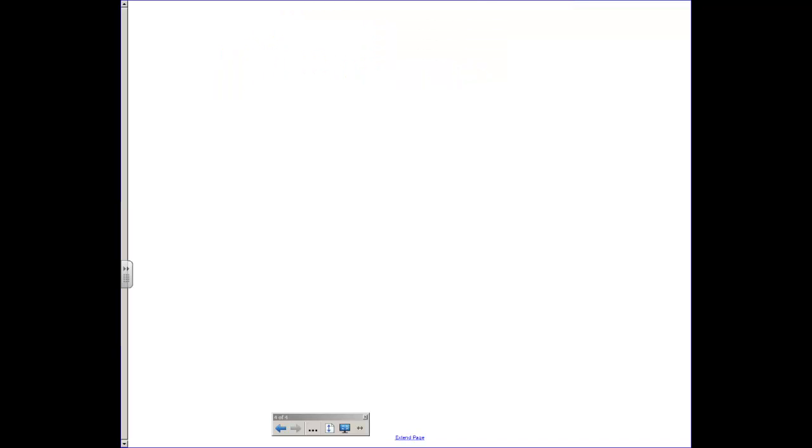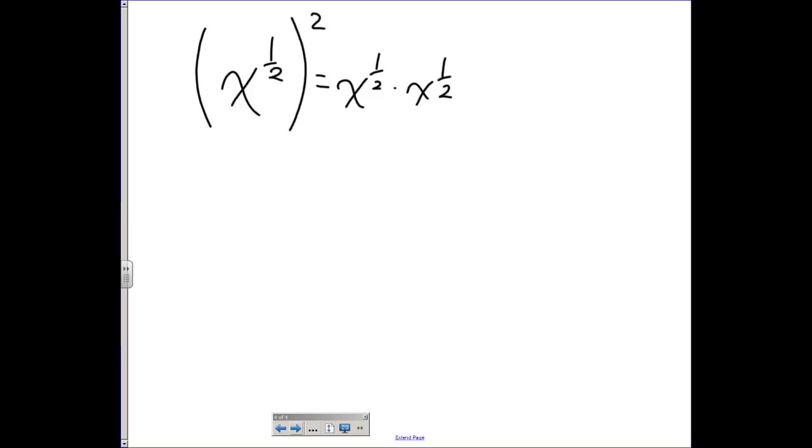Let's start with something like x to the 1/2 power. If we were to take this x to the 1/2 power and square it, raise it to the second power, that means you're going to do x to the 1/2 times x to the 1/2, and that is really equal to x to the 1/2 plus 1/2, which of course equals x to the first power.